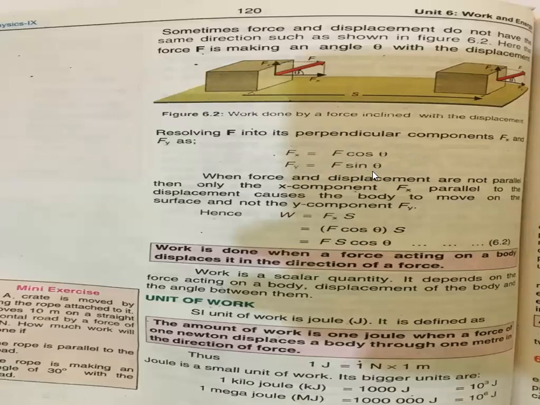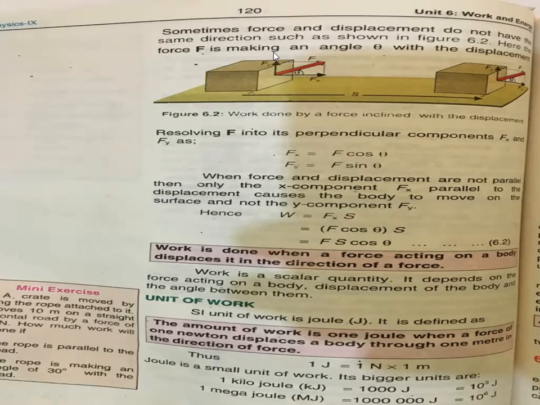When force and displacement are not parallel, only the x component Fx, parallel to the displacement, causes the body to move on the surface, and not the y component. What does this mean? Suppose you are pulling the car with the thread. Since our toy car is moving on the earth, on the land, only the X component is working.